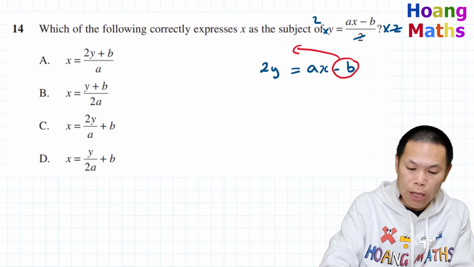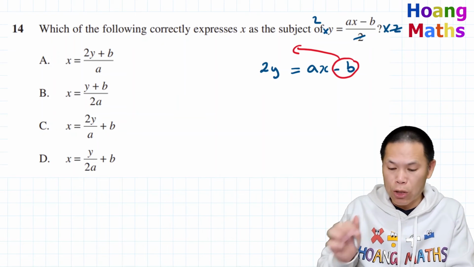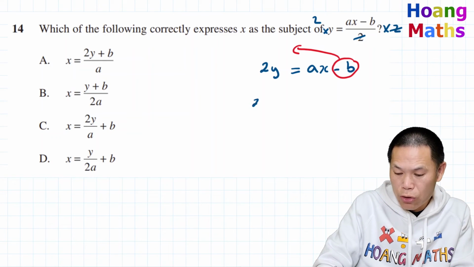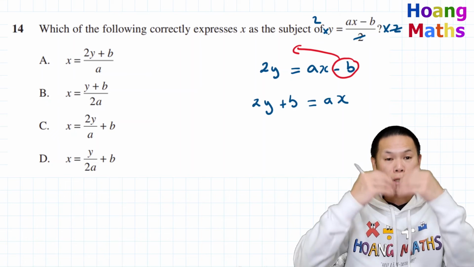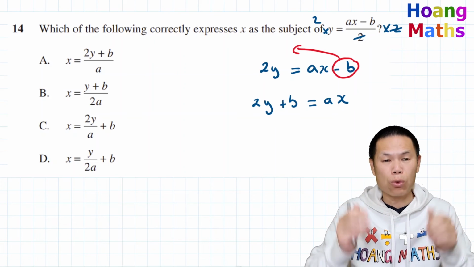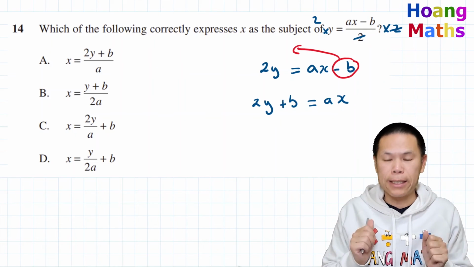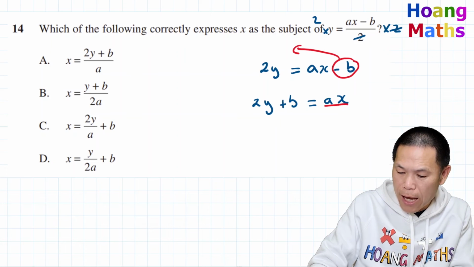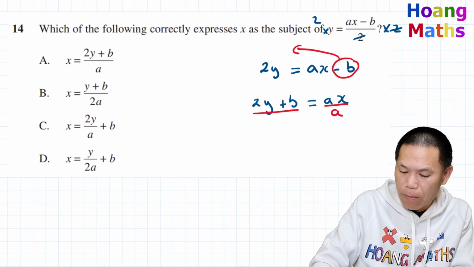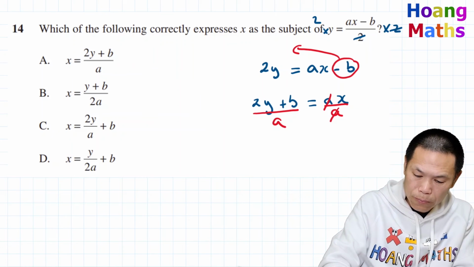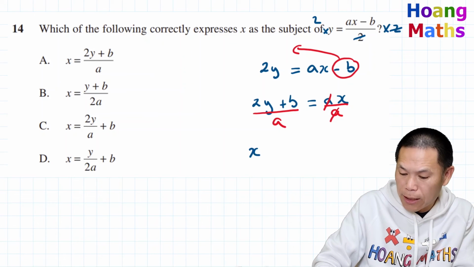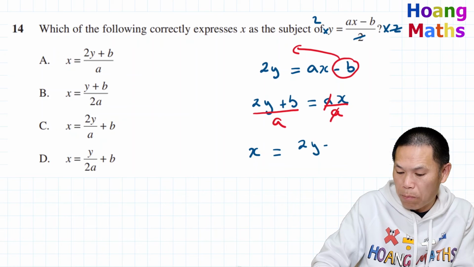So the negative b moves to this side and becomes positive. In other words, 2y plus b is ax. To work out x, just divide by a on both sides because we want to make x by itself. So these cancel out, and therefore we have x equals 2y plus b over a.